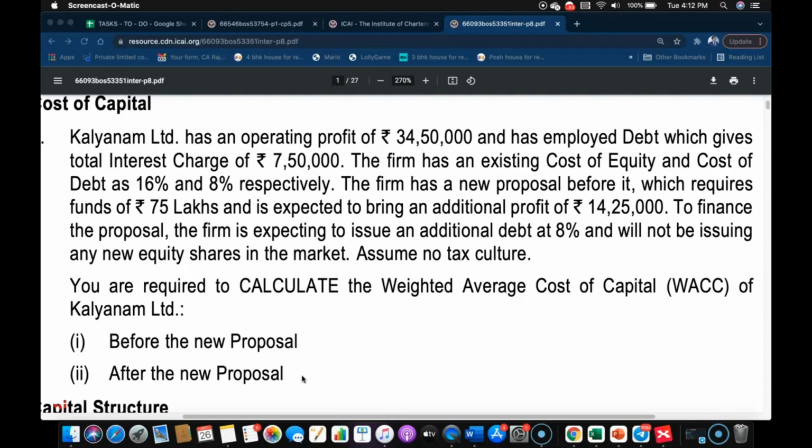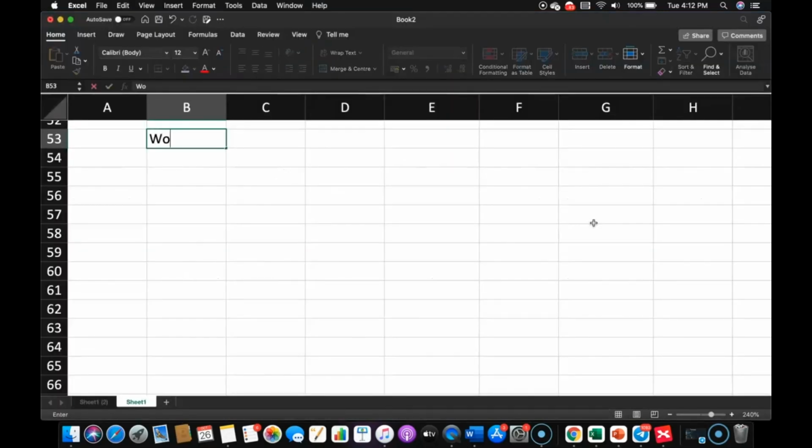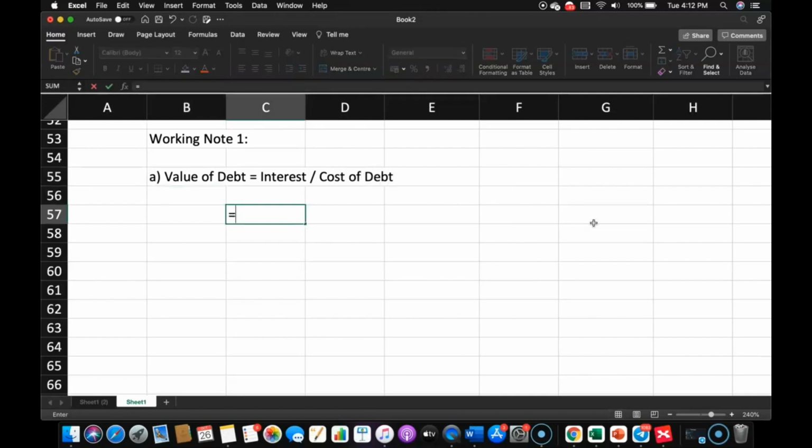First, let's do our workings. In working note number 1, first we'll find the value of debt. How do we do that? We take interest and divide it by the cost of debt. We know the interest is 750,000, which was available in the question, and the cost of debt is 8%, so I write it as 0.08.